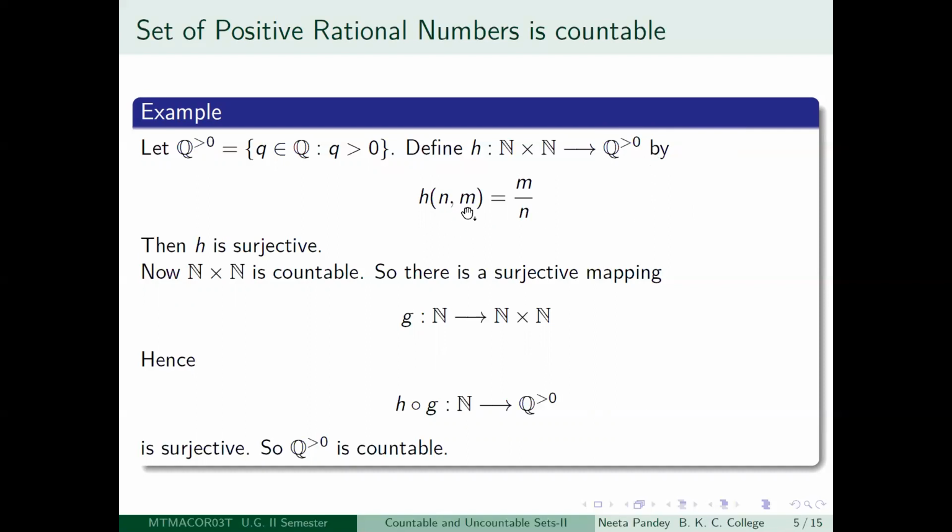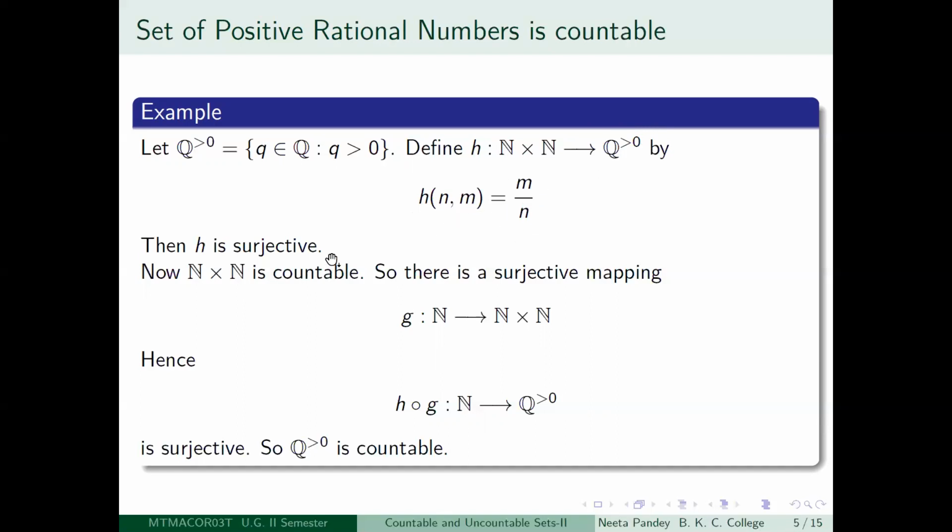So (2, 3) will map via h to 2 by 3, and also (4, 6) will also map to 2 by 3. So this mapping is not injective, but it is surjective. Given any positive rational number, it is going to look like some p by q, where p and q are positive integers. So there is at least one (p, q) which will map to p by q.